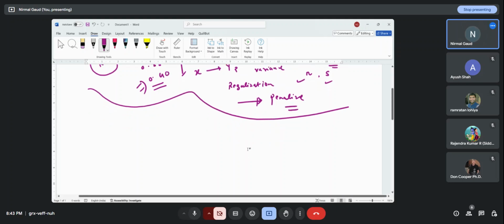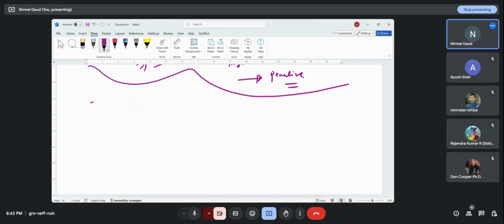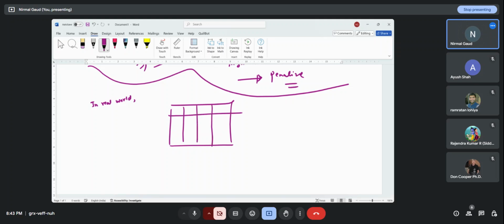However, in the real world, it's not mandatory that you are always going to find a linear relationship between the features. Right now you are assuming that this is my data, I am having certain features in the data, and they are linearly related to y, they are satisfying this equation.